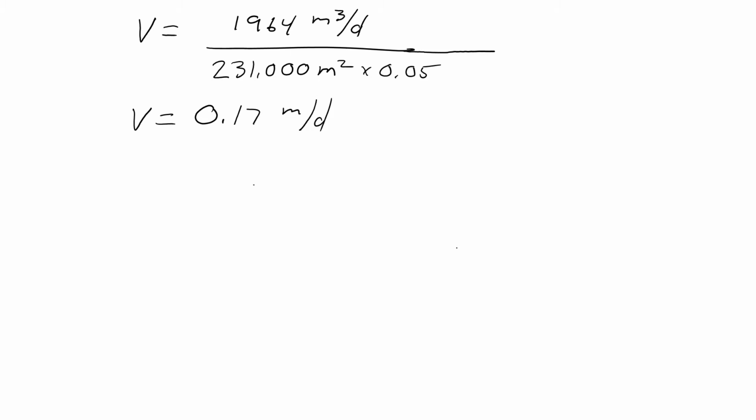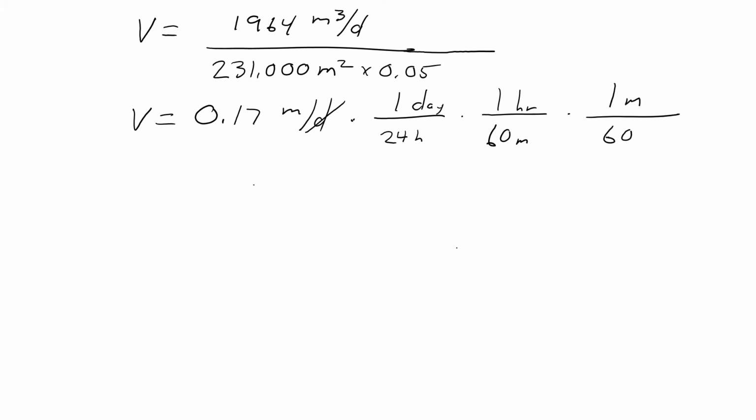If you want to change that to how much per second instead of per day, we can do that. We just need to do a conversion to get rid of day. So we have 1 day over 24 hours times 1 hour over 60 minutes times 1 minute over 60 seconds.